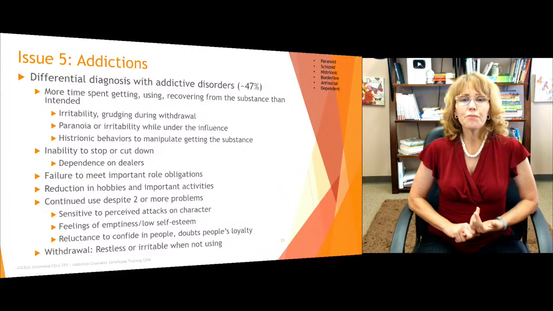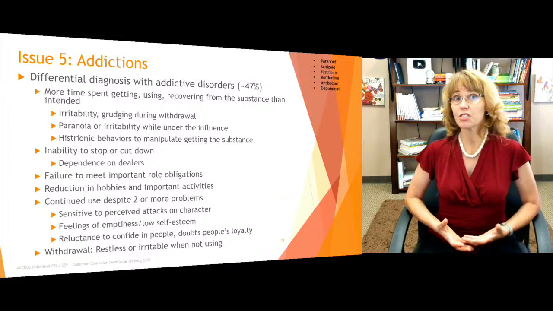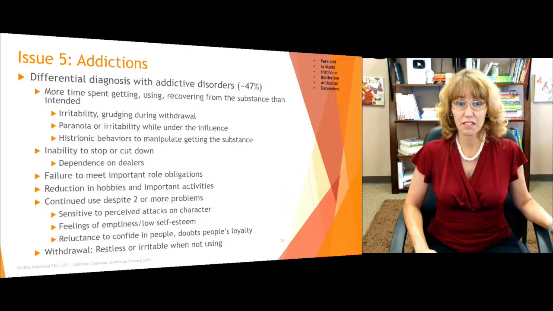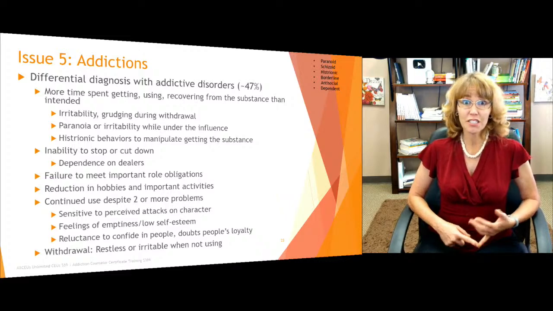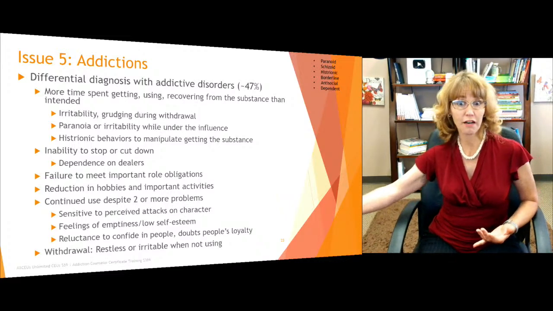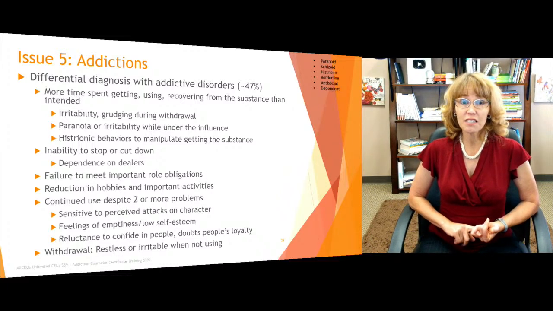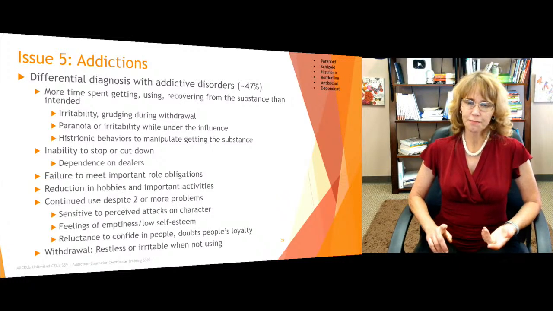They may have an inability to stop or cut down. They may have a dependence on their dealers and be willing to do whatever their dealer says as long as they can get their fix. They may have a failure to meet important role obligations because of the addiction, too much time spent getting, using, or recovering, a reduction in hobbies and important activities, and continued use despite two or more problems.